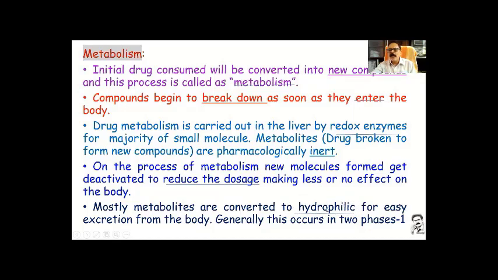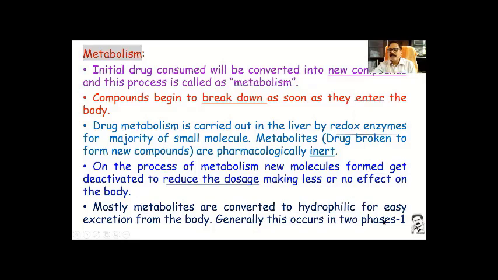That's why when you take tablets and pass urine, the urine may have a smell or a different color, because the concentration of the drug comes out through the urine. They are converted into hydrophilic form and thrown out for easy excretion. If it does not come out through urine, it will go into the solid waste, that is stool.